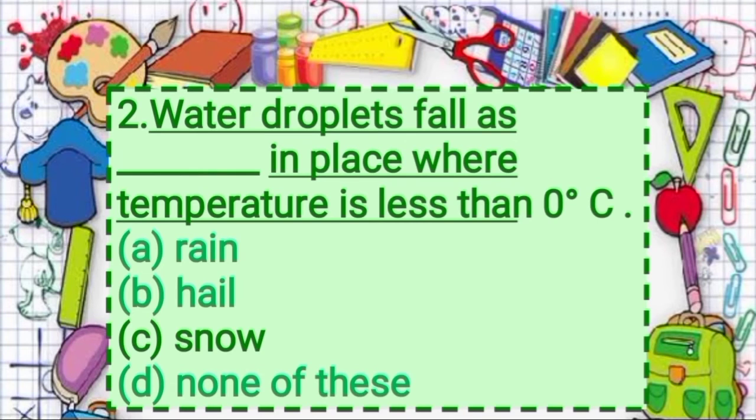Option A, rain. Option B, hail. Option C, snow. Option D, none of these. So answer is option C, snow.